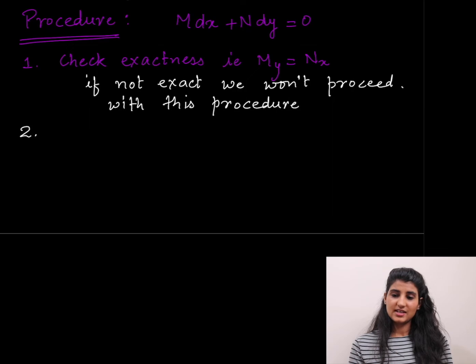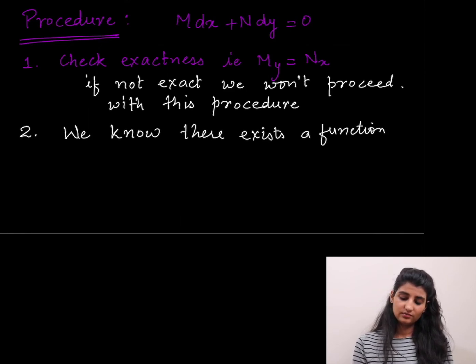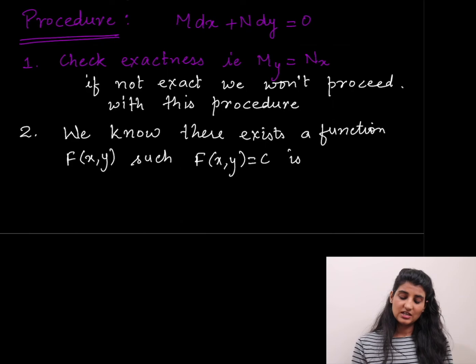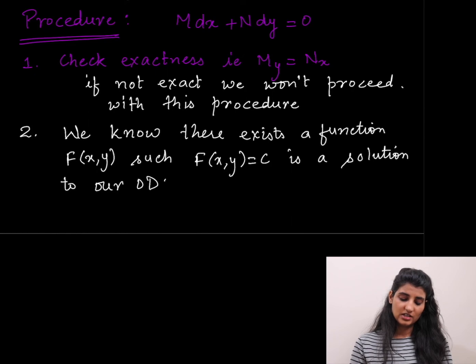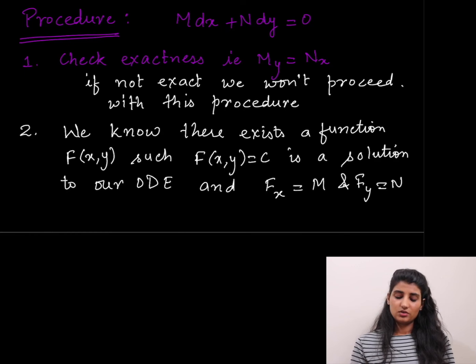So if the equation is exact, we know there exists a function f(x,y) such that f(x,y) equal to c is a solution to our given ODE, and f_x is equal to M and f_y is equal to N. Now you can choose which part you want to start with.